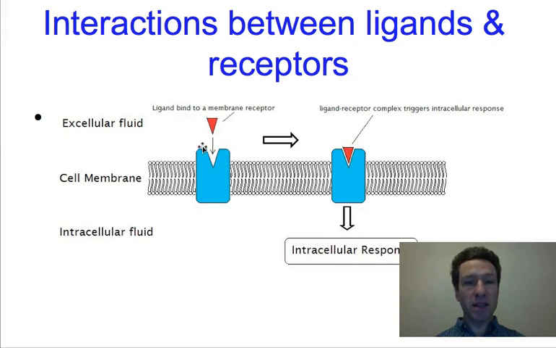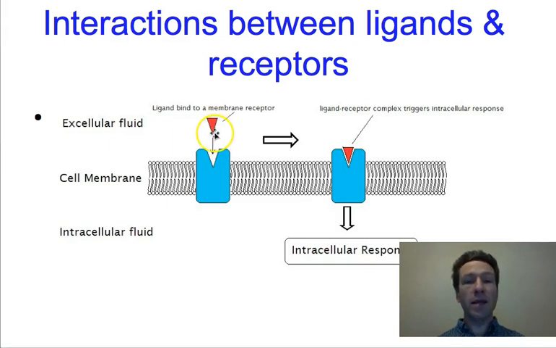The specificity of this interaction is based on the similarity in shape of part of the ligand to part of the receptor. So this should remind you very much of what we already said about enzymes, when we said that enzymes interact with substrates based on having an appropriate shape that allows them to fit together. The same thing is true here.